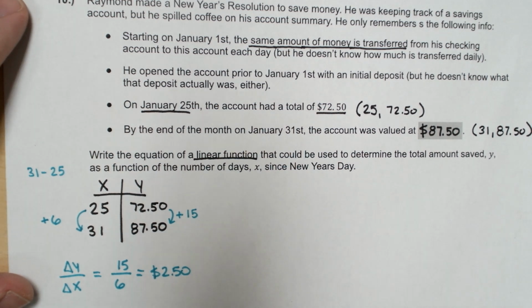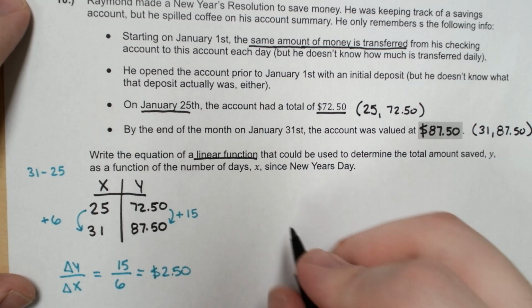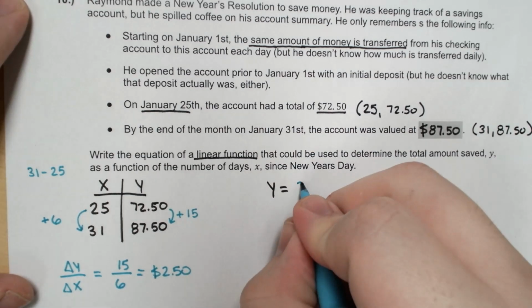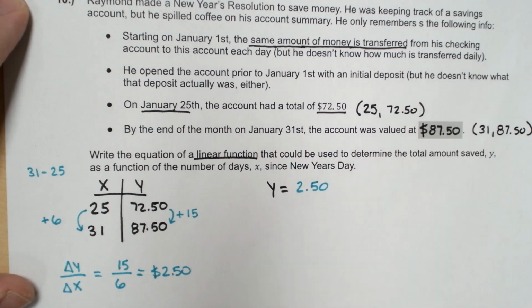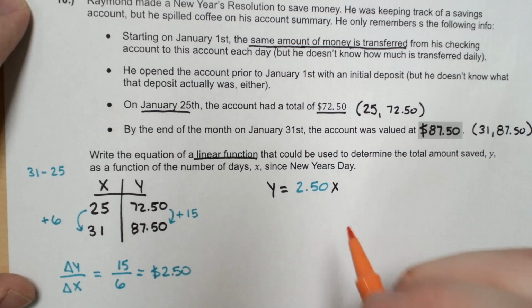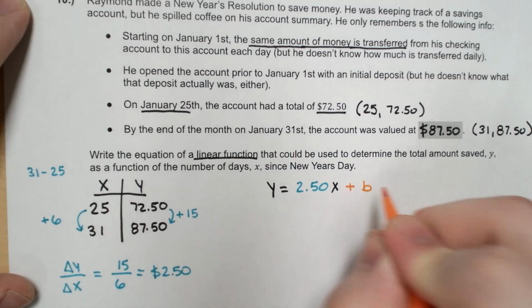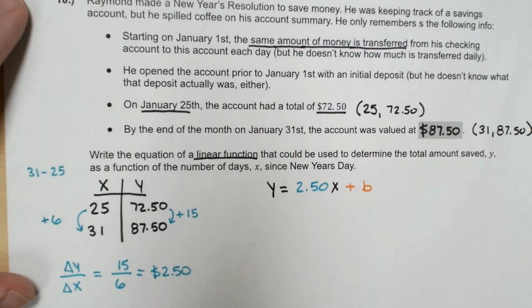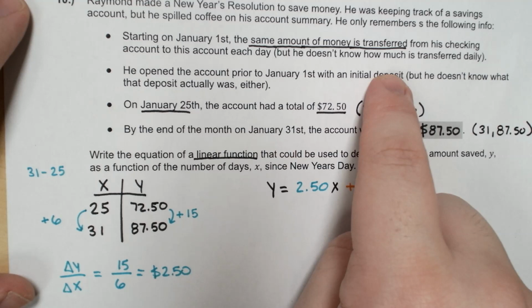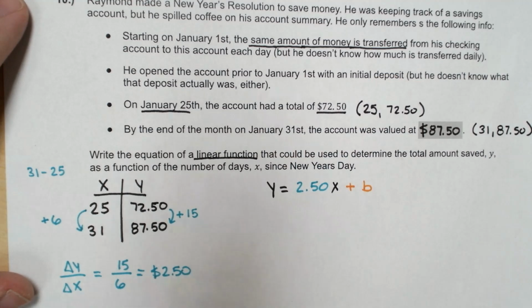Now, to get the equation, we go ahead and write y equals 2.50x plus b, because we know that the total savings goes up by $2.50 per day starting at whatever the initial deposit was. We just don't know what that was yet.